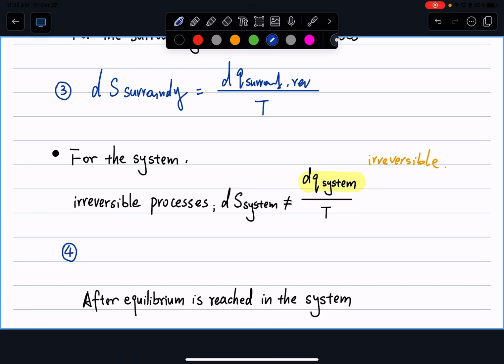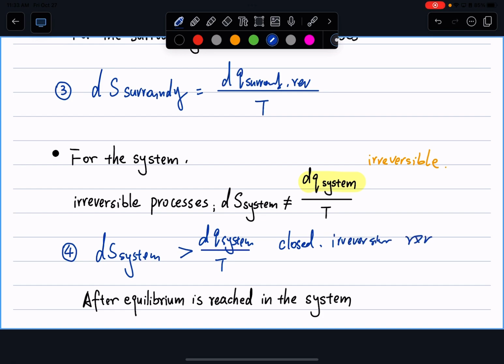What that means is your dS system must be larger than your dq system over T for this closed system with irreversible reaction, and thermal and mechanical equilibrium.